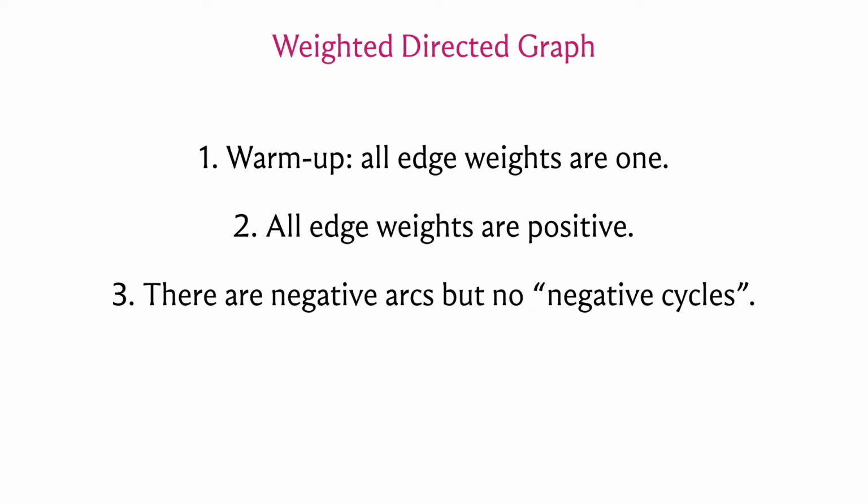First, we will allow for the presence of negative edge weights, but we will disallow the presence of a negative weight cycle. Now, a negative weight cycle in a graph is simply a cycle which is such that if you were to go around the cycle and add up all the weights of the edges that you encounter, then the cumulative weight is going to be negative.